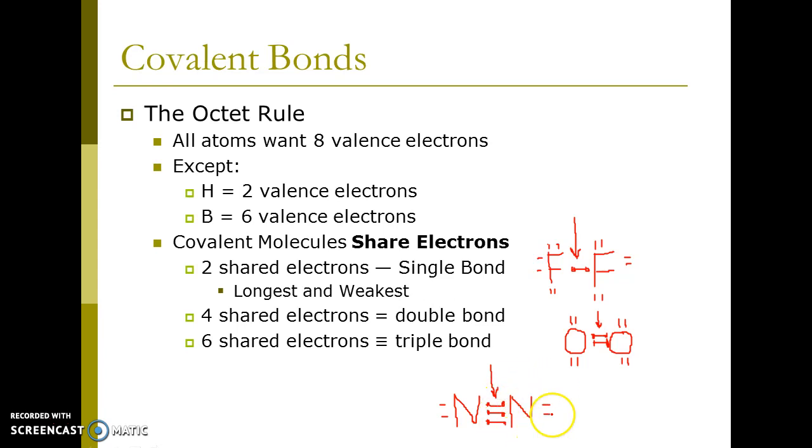So now if we look at this nitrogen atom, it has 1, 2, 3, 4, 5, 6, 7, 8 valence electrons, which fulfills the octet rule. This nitrogen atom does as well. This type of bond will be the shortest and the strongest type of bond.